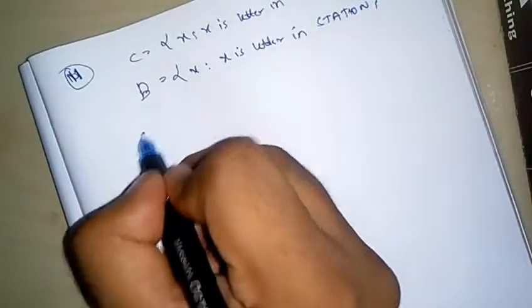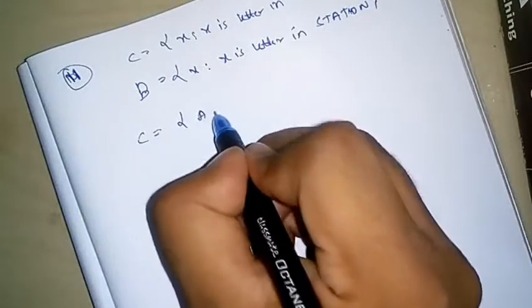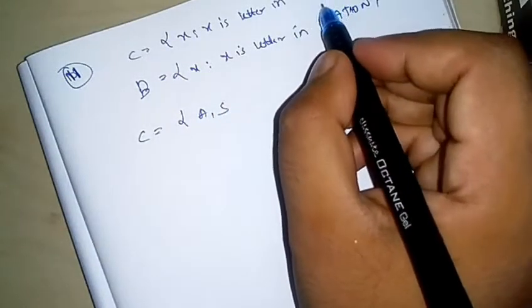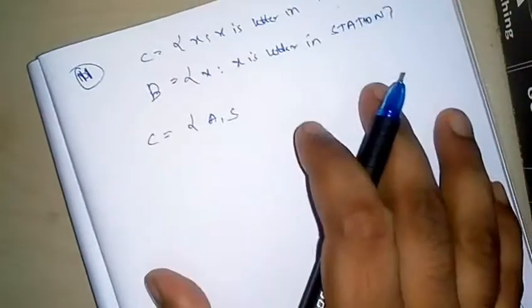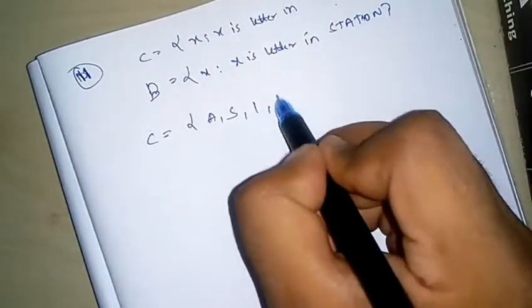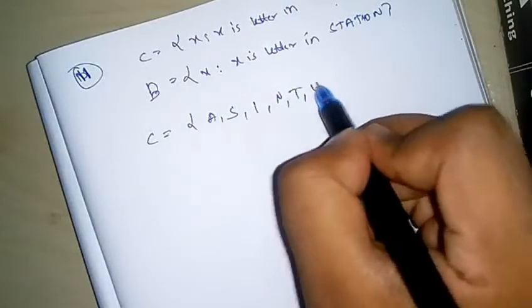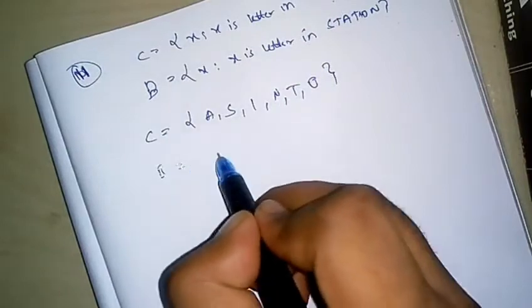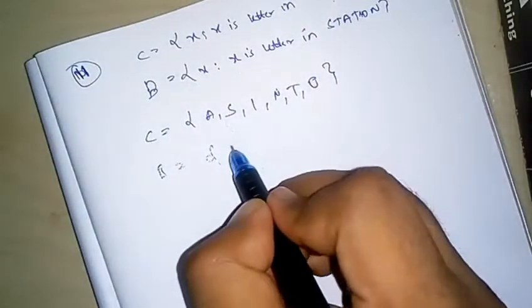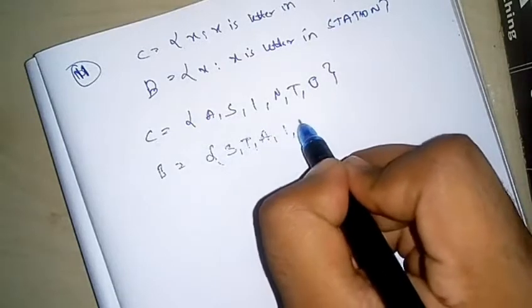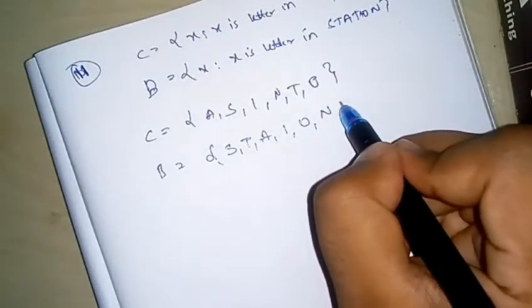So set C is equal to {A, S, ...}. S, you got S a second time, you can ignore. You have to list all the elements uniquely; you should not repeat elements. So C is {A, S, I, N, T, O} and B is equal to {S, T, A, I, O, N}.